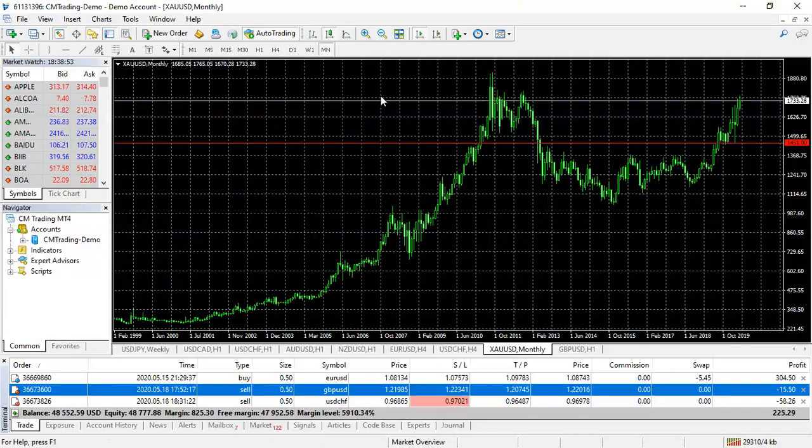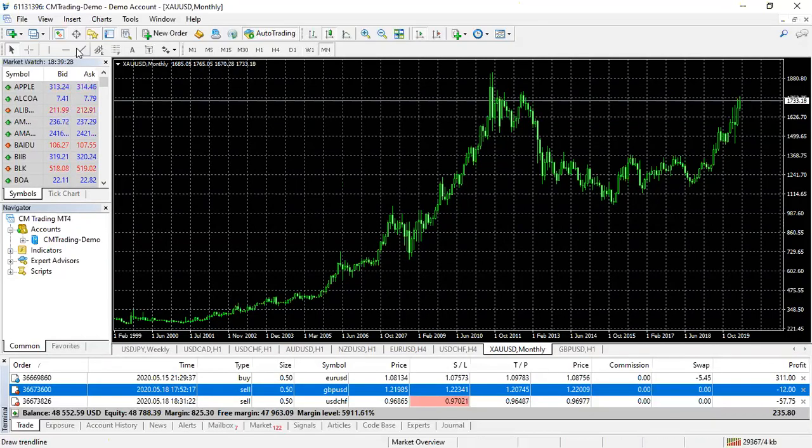Zoom in, zoom out, whichever you want, then identify points where you see the market came and bounced going down. Once you determine that these points have impact, let's say this point, you see, it acted as resistance, this acted as support, you can see that, then it may act as resistance because we are on the monthly time frame.